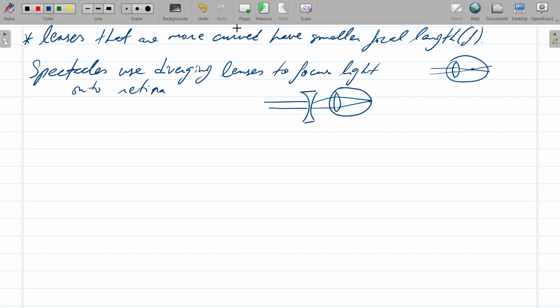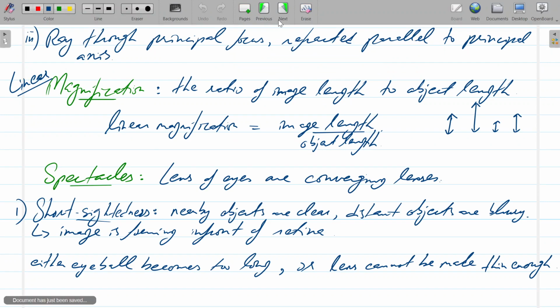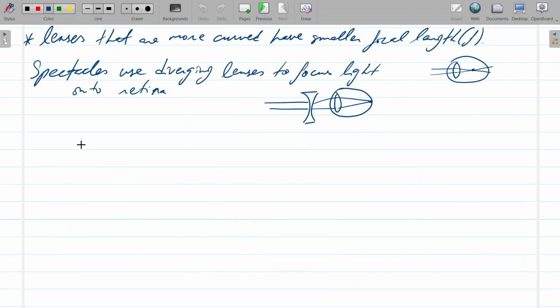Then you've got the other scenario, which is long-sightedness. So that's, as you can guess, the opposite. Long-sightedness or farsightedness.